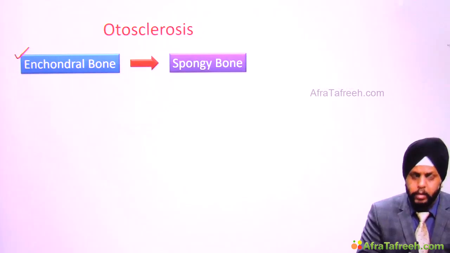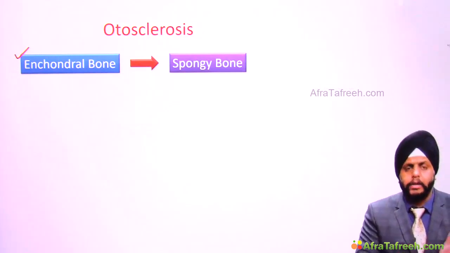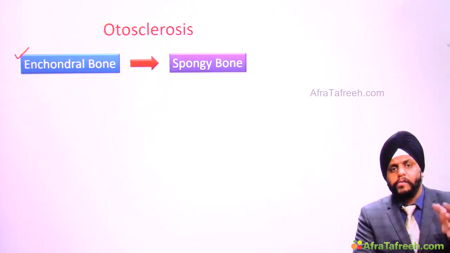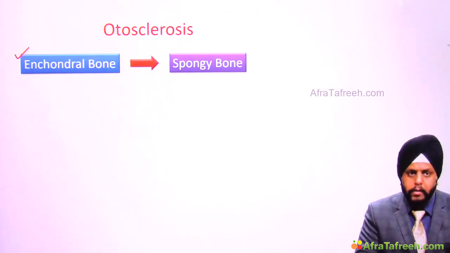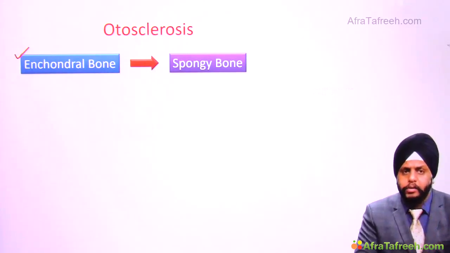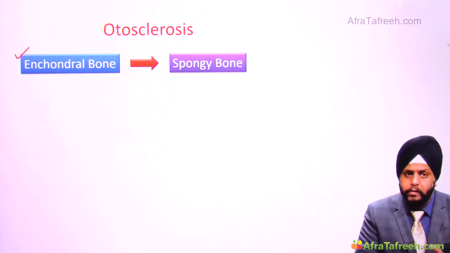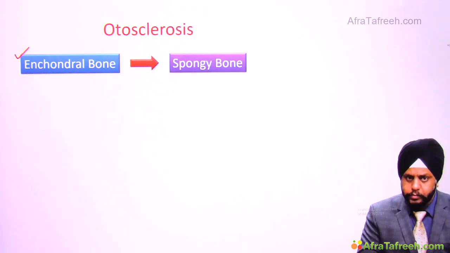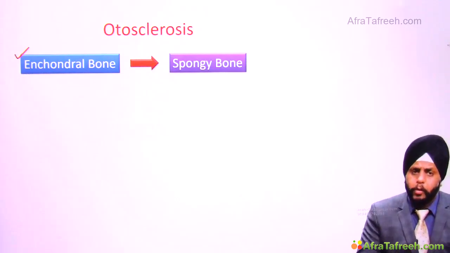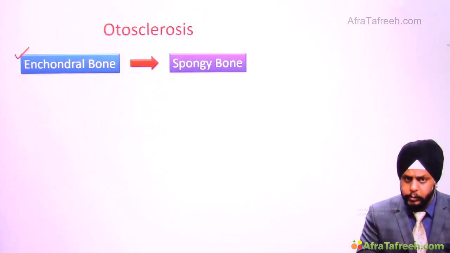So in otosclerosis, this enchondral bone starts changing to spongy bone, right? Now this enchondral bone is a very organized bone, whereas the spongy bone is an unorganized bone.